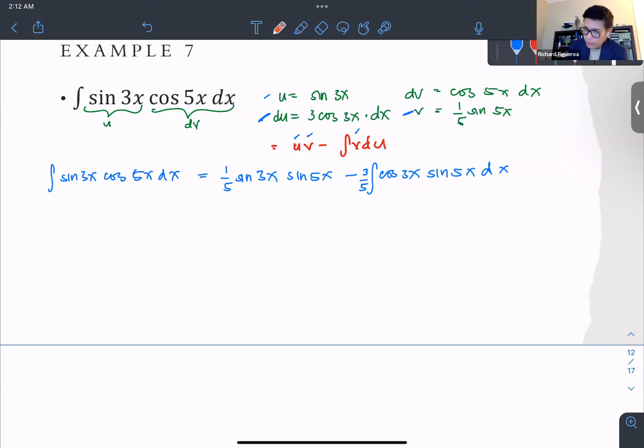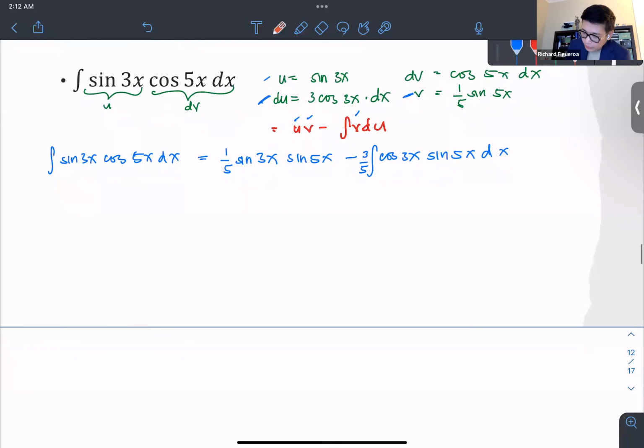For our second integration by parts, I'll have u equivalent to cosine 3x, and our dv this time will be sine 5x dx. The derivative of cosine is negative sine, so du is negative sine 3x, and the derivative of 3x is 3 dx.